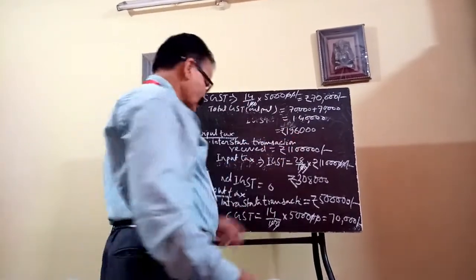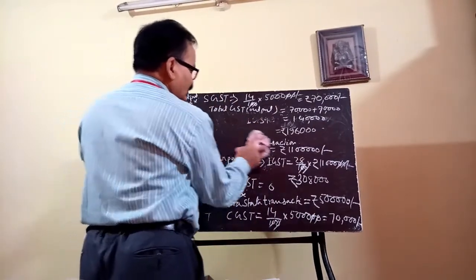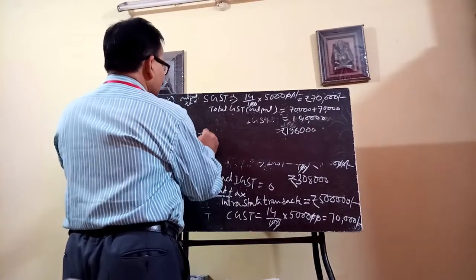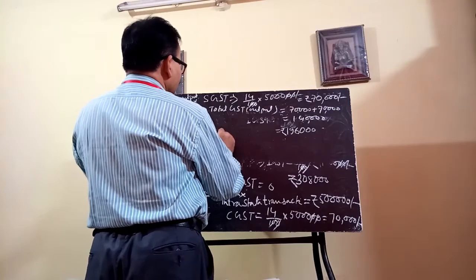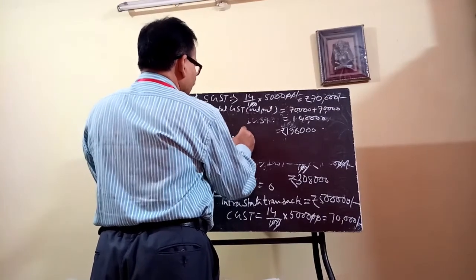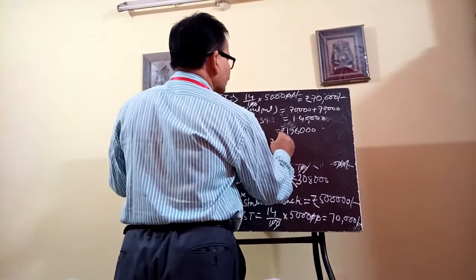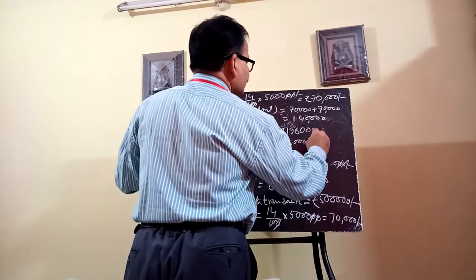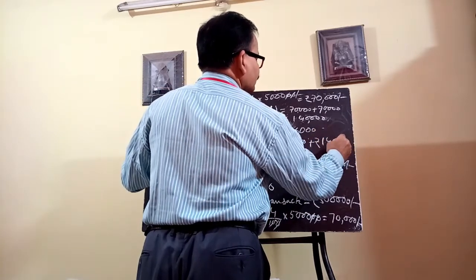So the total output tax is rupees 1,96,000 plus rupees 1,40,000.